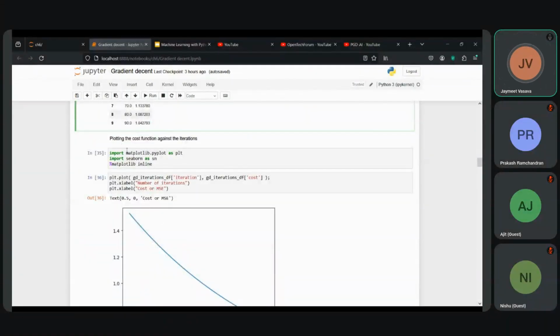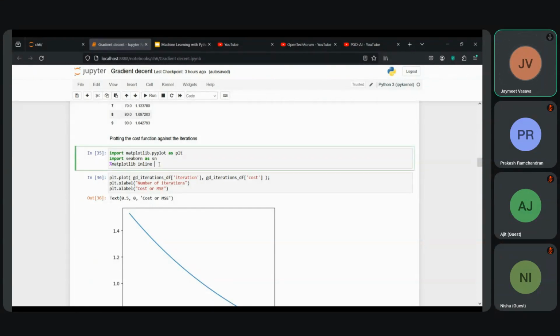Then we plot the cost function against the number of iterations that we are doing. So basically, we are trying to get the loss function based on the number of iterations and what is the relation.